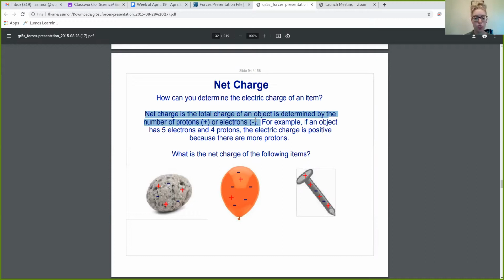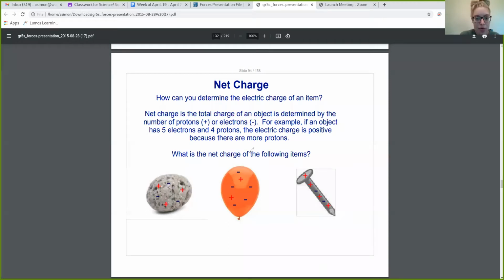The protons are the positive charges, and our electrons are our negative charges. So net charge is determined by the number of protons and the number of electrons.